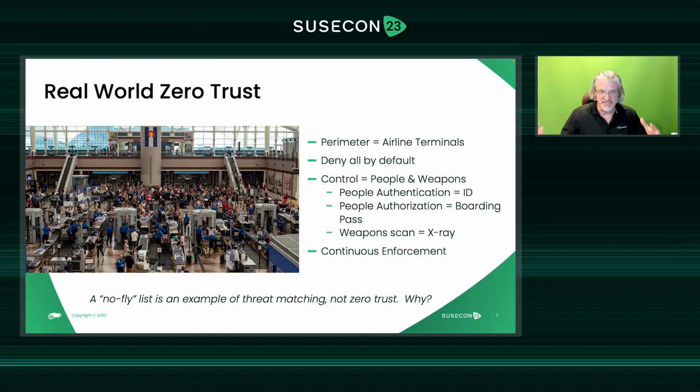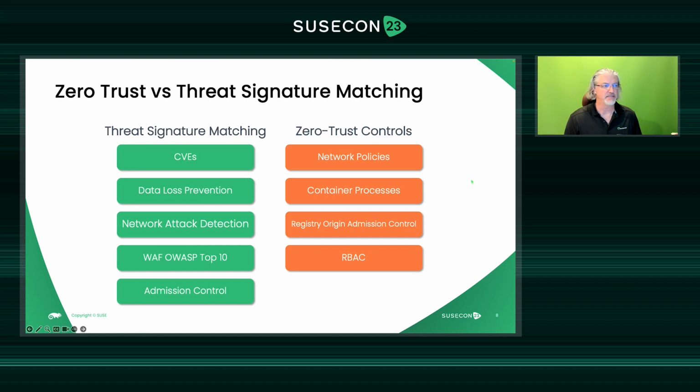Speaking of zero trust versus threat signature matching, let's talk a little bit about threat signature matching. So on the left here, we see some threat signatures like CVEs, data loss prevention, where we're looking at network traffic to find credit card numbers and things like that that are egressing your environment, or network attack detection, where we're matching a signature on a threat that's coming in through the network.